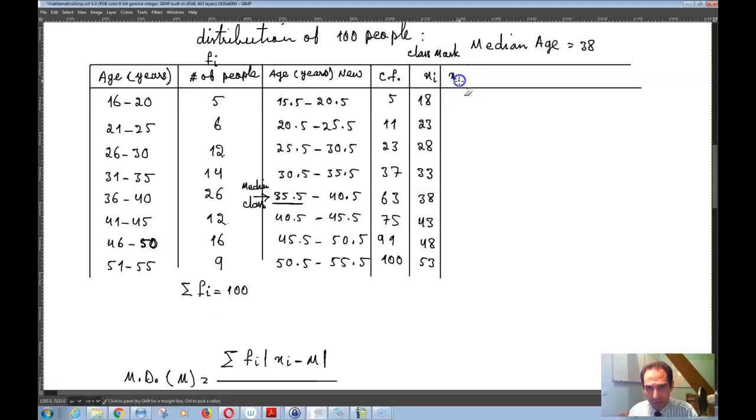And the absolute value of x of i minus m is equal to what?